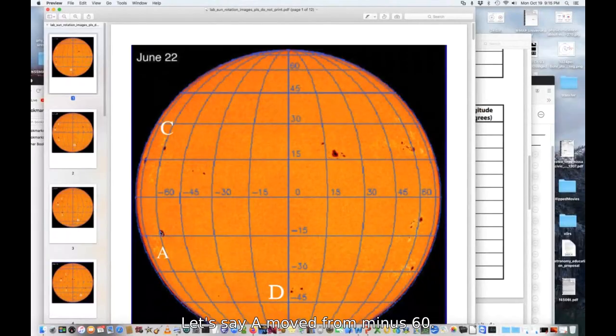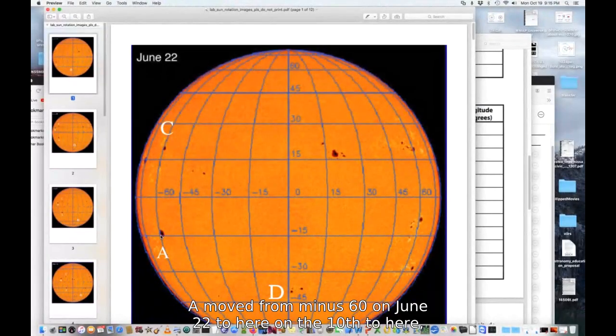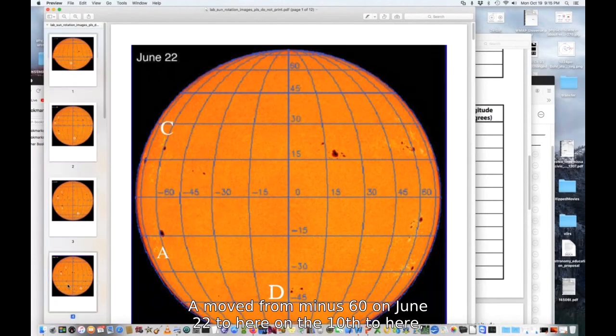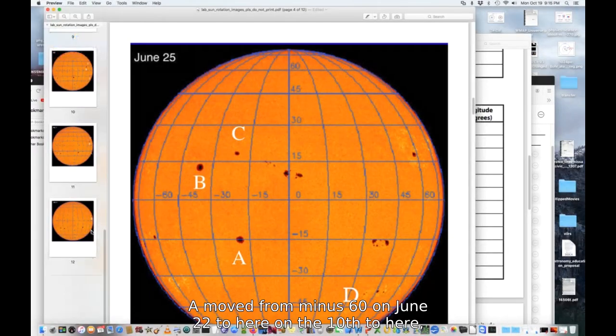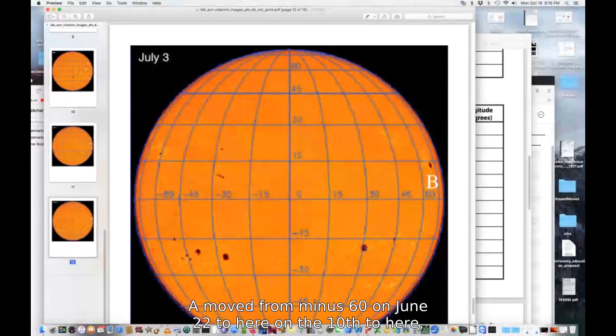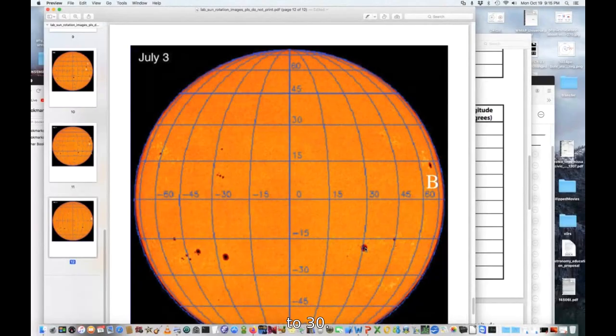Let's say A moved from minus 60. Let's just make it simple. A moved from minus 60 on June 22nd to, on the 10th, 30. So what is the longitude that it has moved through? Right? Remember, it goes from minus 60 to 30. So what do you do? You do 30 minus minus 60, which would be 90.